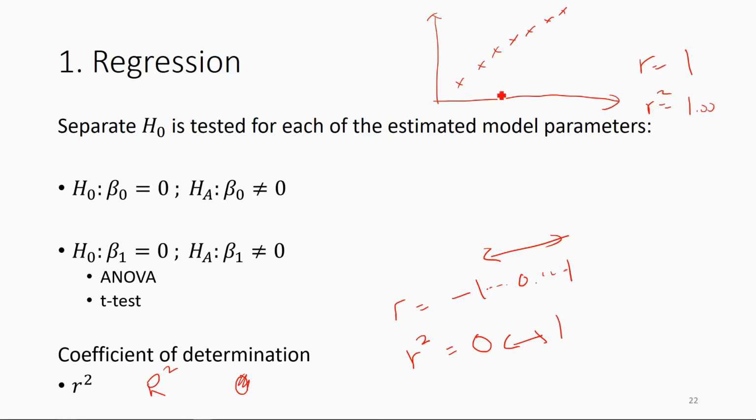Now if you have some data sets that look something like this, because the correlation coefficient assumes the linear model, R cannot be 1. So the R maybe is something like 0.6. If you calculate R squared, then it will be 0.36.